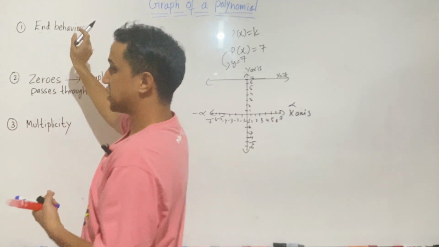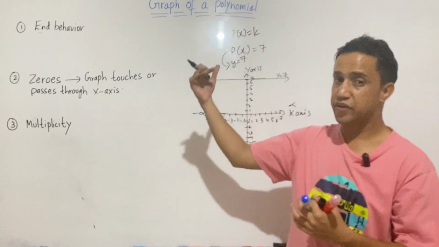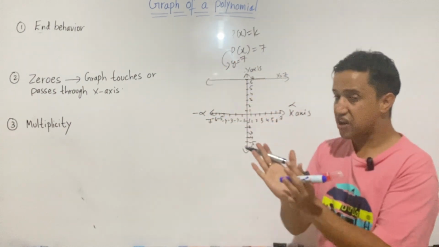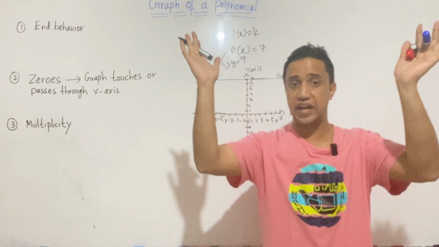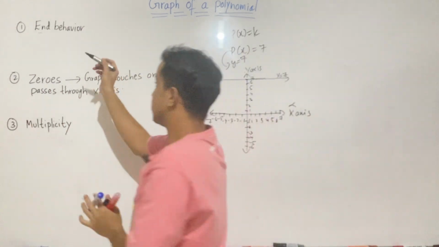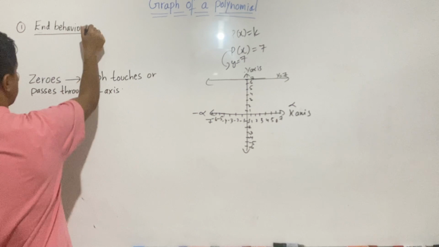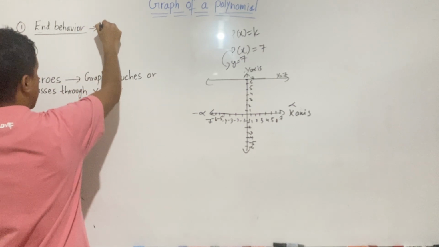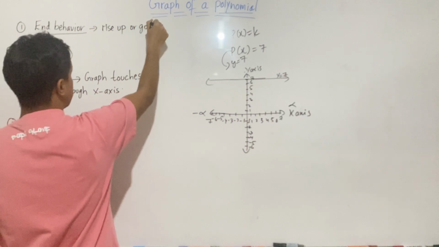Now what is end behavior? End behavior means the directions of the graph, where it will go. Will it rise up, will it go down? End behavior means rise up or go down.